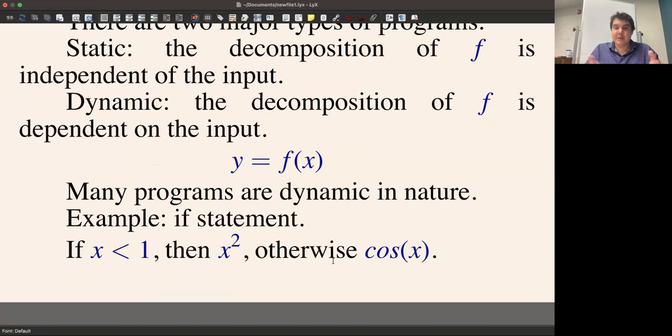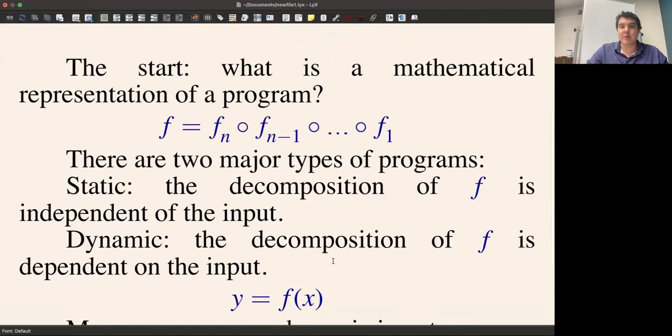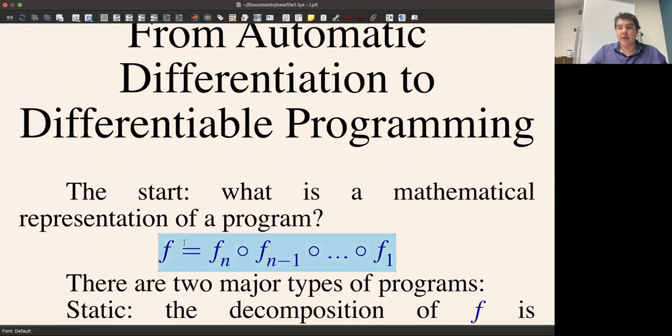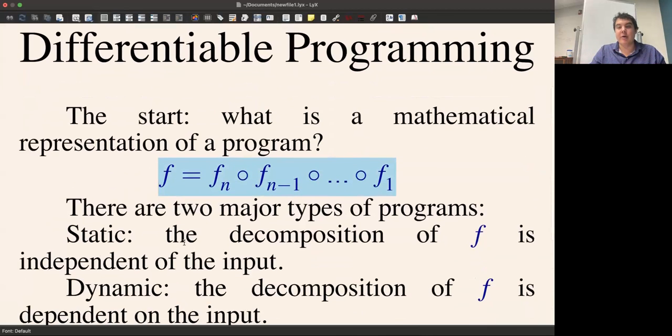This is a function that can show up inside of a program, but notably it is dependent on the value of x. If x is less than 1, it runs one function; if x is greater than 1, it runs a different function. So this decomposition will change depending on your input.